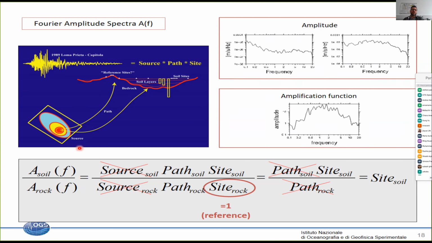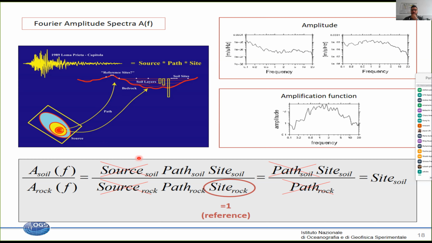Since we are assuming that this earthquake is far enough from the two stations, so the interstation distance is relatively small with respect to the hypocentral distance, we can assume that the propagation and the source are nearly the same for the two stations.